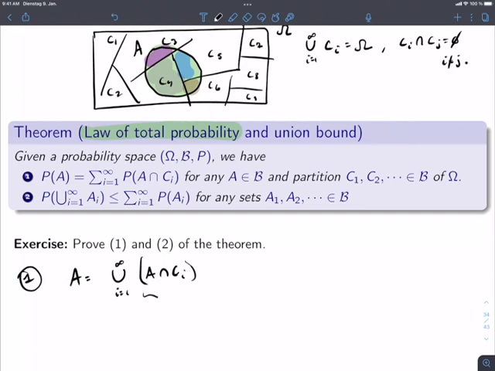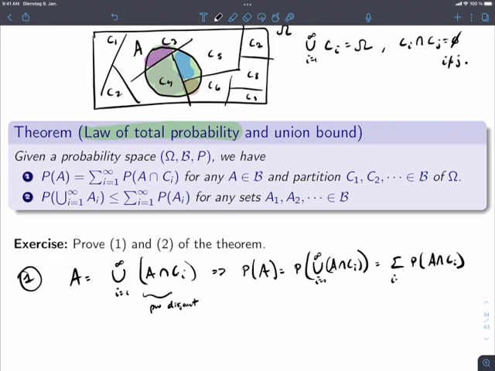Okay, and since these are pairwise disjoint, I can say probability of A is the probability of this union, A intersect Ci. I can write this as the sum of probabilities of A intersect Ci because of countable additivity.